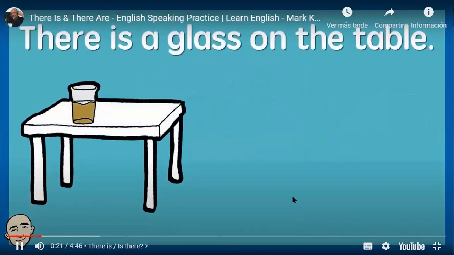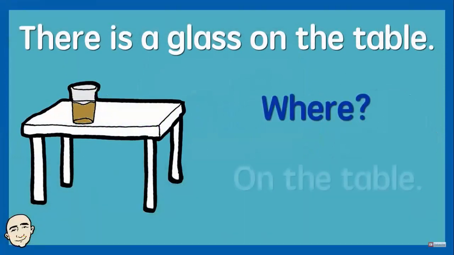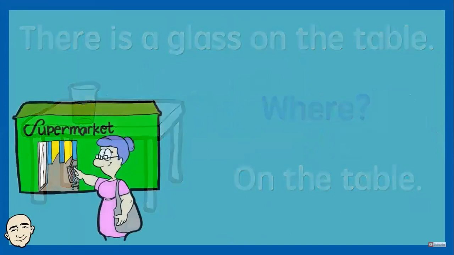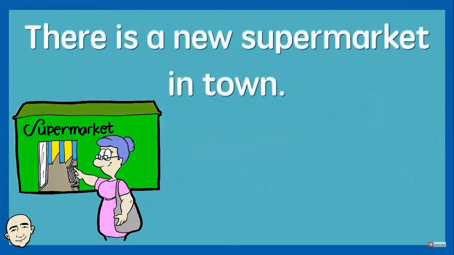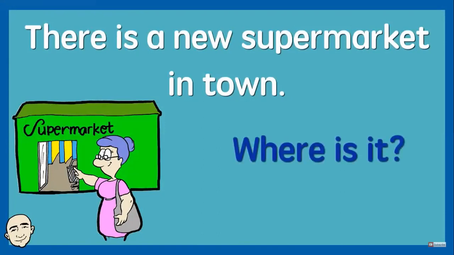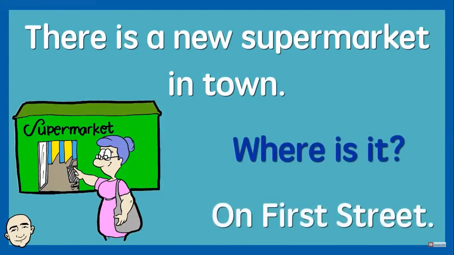There is a glass on the table. Where? On the table. There is a new supermarket in town. Where is it? On First Street.